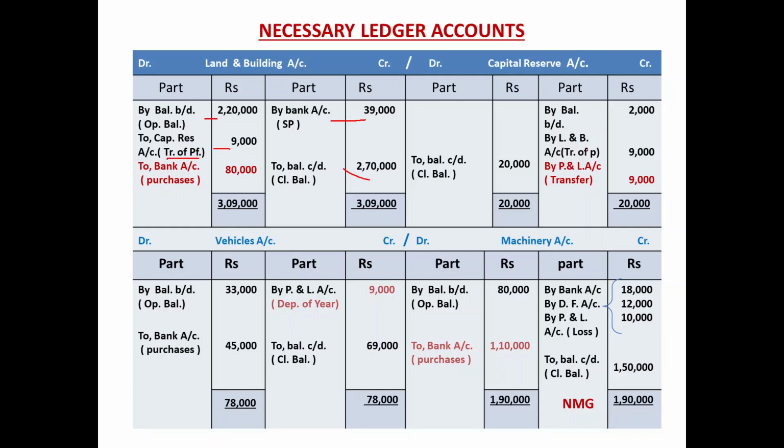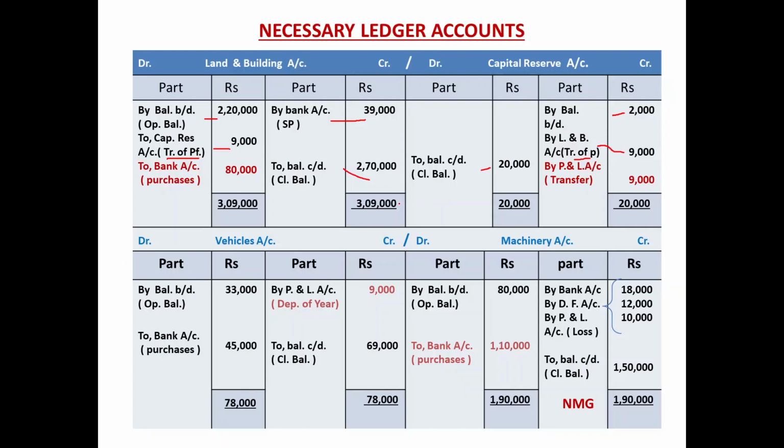Over here, capital reserve account, opening balance 2,000, then the posting impact, transfer of profit from land and building 9,000, closing balance given in the balance sheet 20,000. This was the posting. Let us close these two ledger accounts. There are no other transactions given for these two ledger accounts, so you can close them.